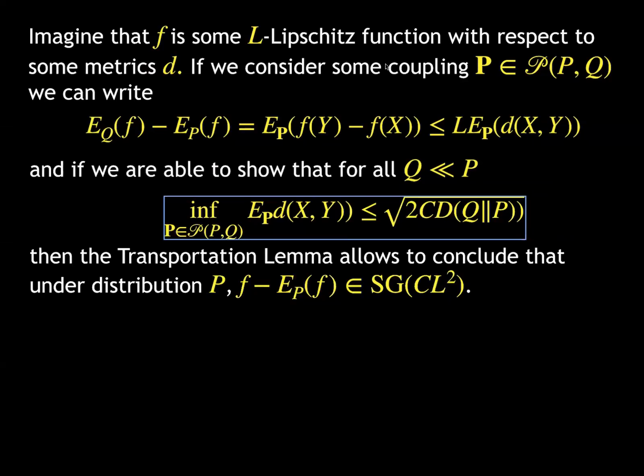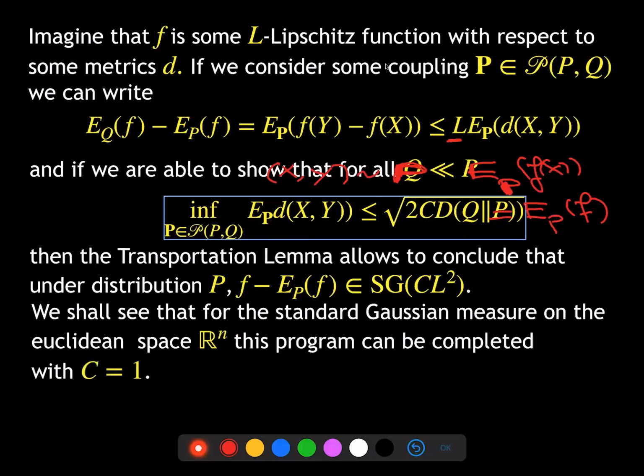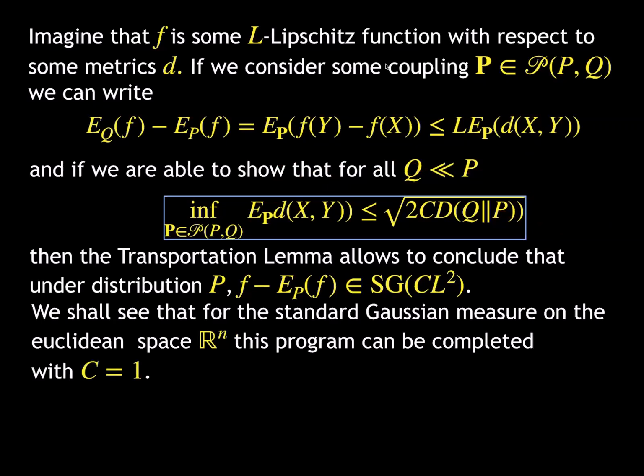And if you are able to relate the transportation cost, where the cost function is the distance, to the relative entropy between Q and P, then the transportation lemma allows to conclude that the function minus its expectation is sub-Gaussian with a constant which is merely L square, which comes from this, times C, where C just comes from the transportation inequality, which is there.